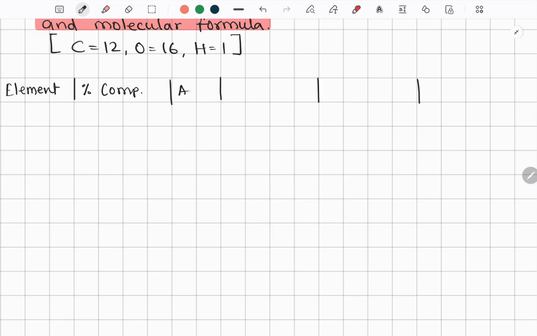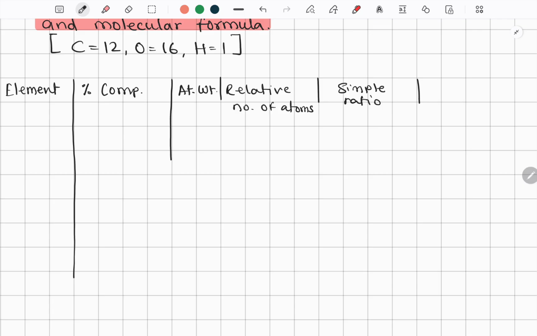The third is atomic weight. The fourth is relative number of atoms, and the last is the simple ratio. How and what data goes inside this table, we'll see now.